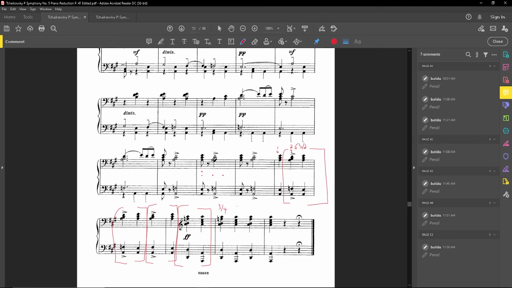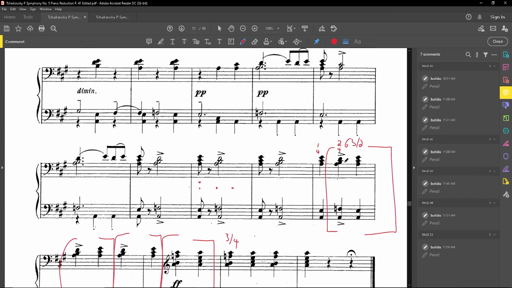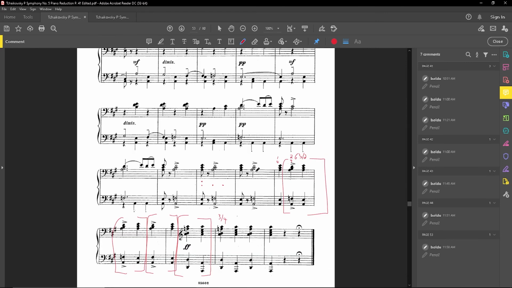But here, what happens? You have 1 2 3 1 2 3. This bar here and this one beat here, as if it's just a 1/4 bar, and then you have these groupings of 2, 1 2, 1 2, 1 2, 1 2, and then a bar of 3/4, 1 2 3 1 2 3.